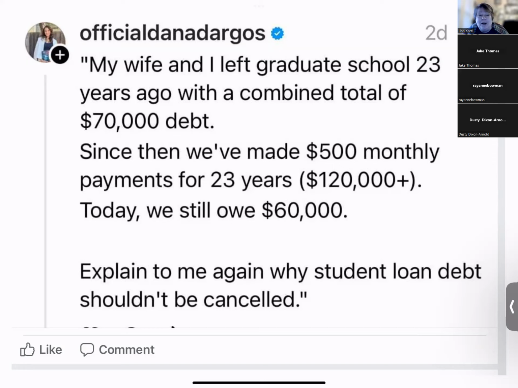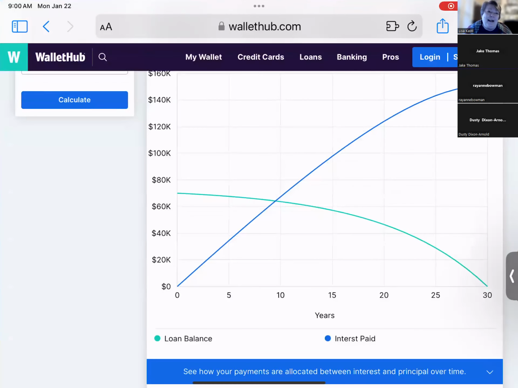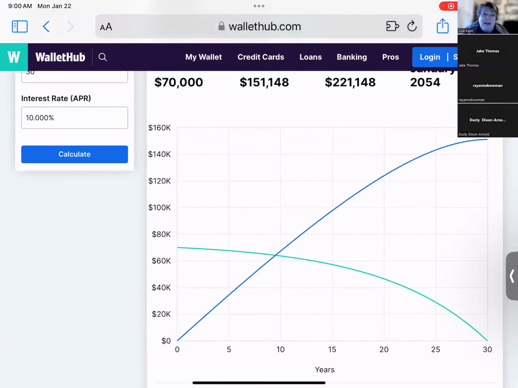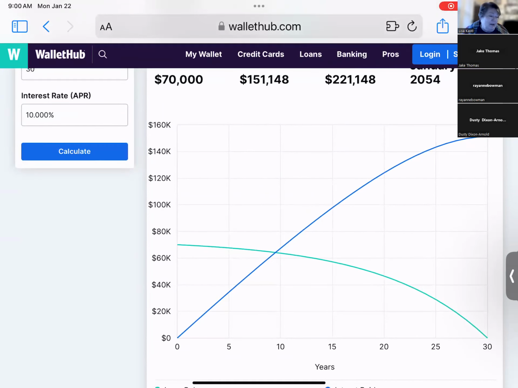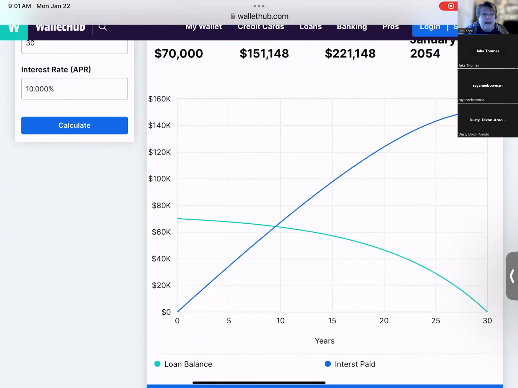And the truth of the matter is, it took me 2 seconds to go online and find a student loan schedule. How long did this take me to do? 2 seconds. And this is with a 10% interest, which is really high for student loans. I'm not sure what they are. What are they at? 4%, 5%? I don't know what they are these days.